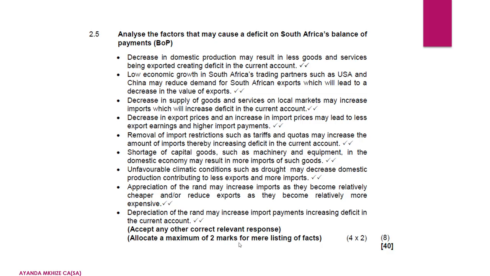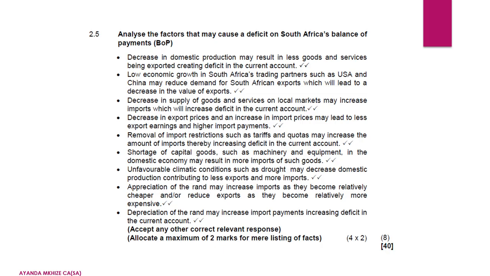Allocate a maximum of 2 marks for merely listing the factors. So now let us look at this in overall terms. What does that mean? If we have a lack of production in the country, it means that we're going to have less export, then less money that we are making from selling outside the country.